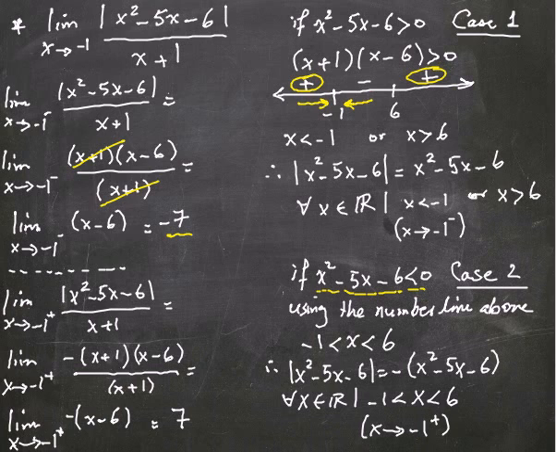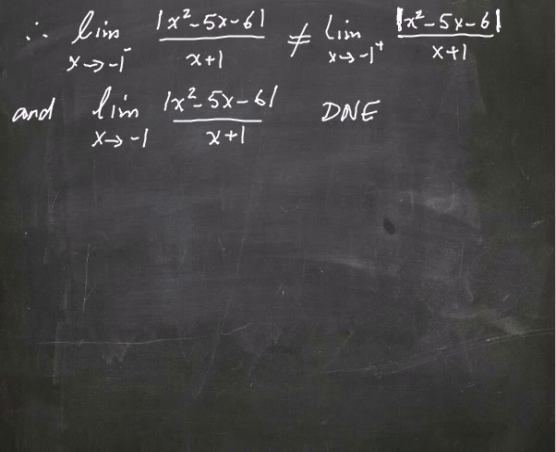So when I remove the absolute value, I have to multiply by a negative sign to keep everything positive, since all this is negative now. When you simplify, you end up with negative times x minus 6, which when you substitute negative 1, you end up with a 7. Therefore, the limit from the left is not equal to the limit from the right, and therefore the limit does not exist. That's the end of this lesson.